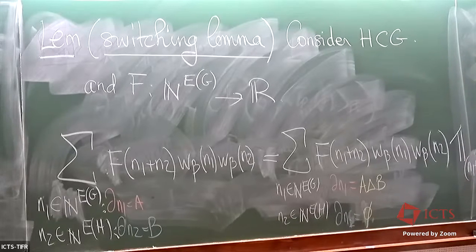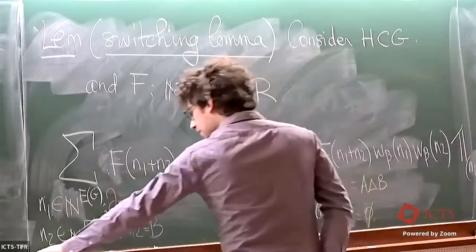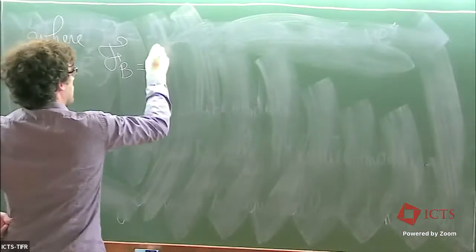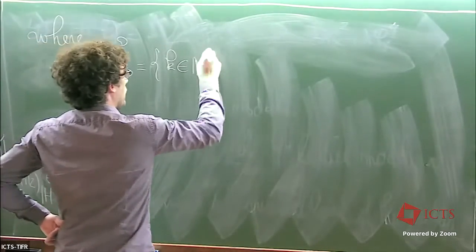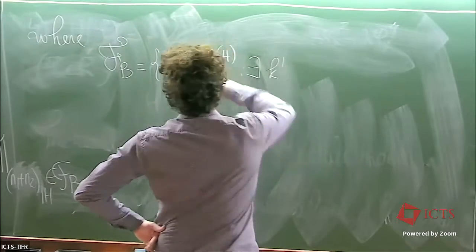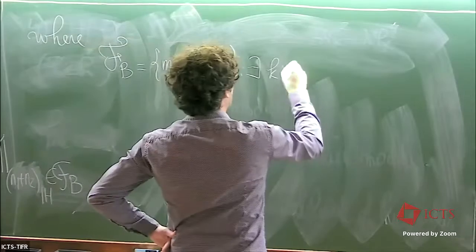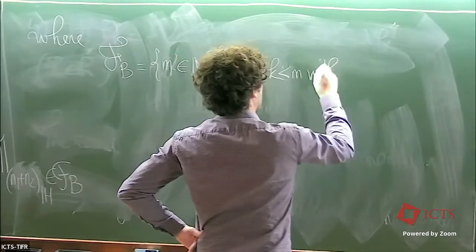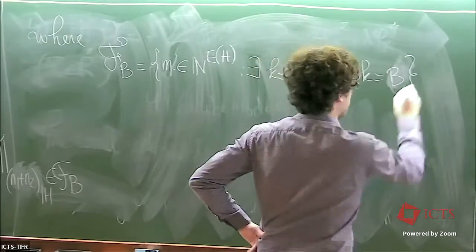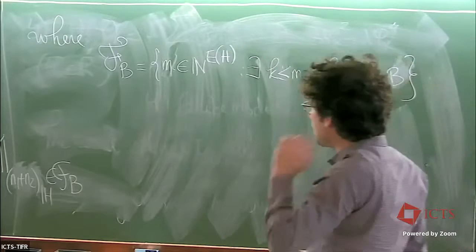Where FB is the following set, because there is no real probability measure here. FB is the set of K, the set of M, so that there exists K prime smaller than K with a set of sources of K prime equal B. So what does it mean?